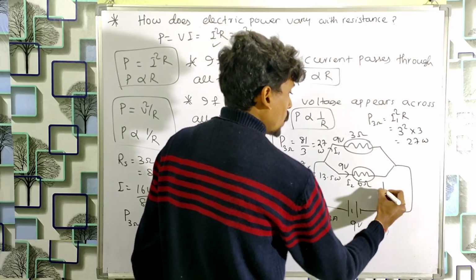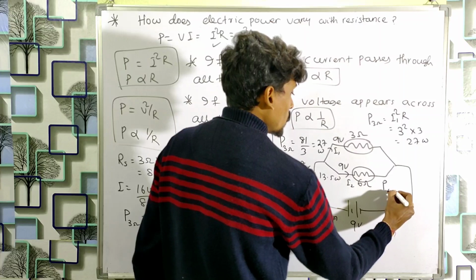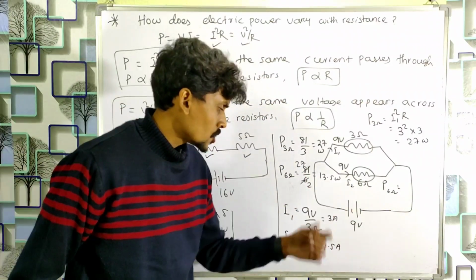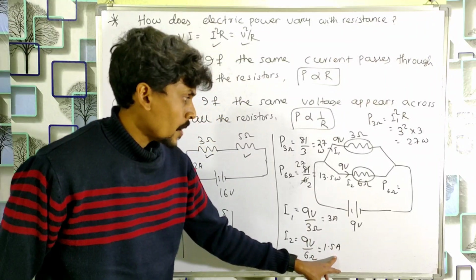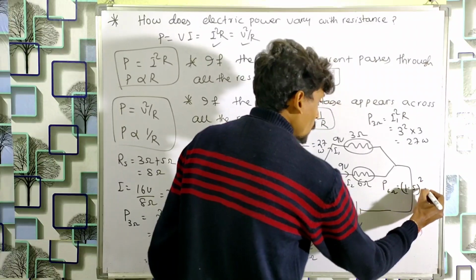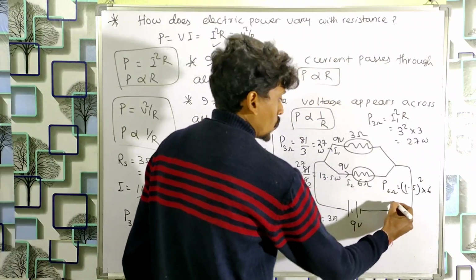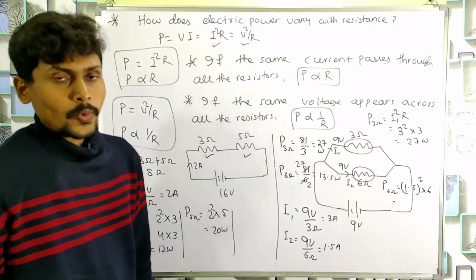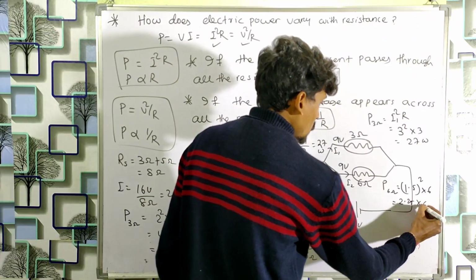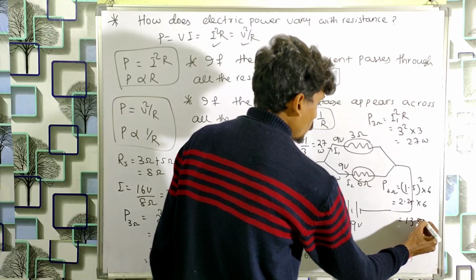Now what is the power consumed by 6 ohm resistor? Look at the current flowing through 6 ohm, that is 1.5 ampere. So 1.5 square into R, that is 6. So 1.5 square will be 2.25. 2.25 into 6, the answer will be 13.5 watt.